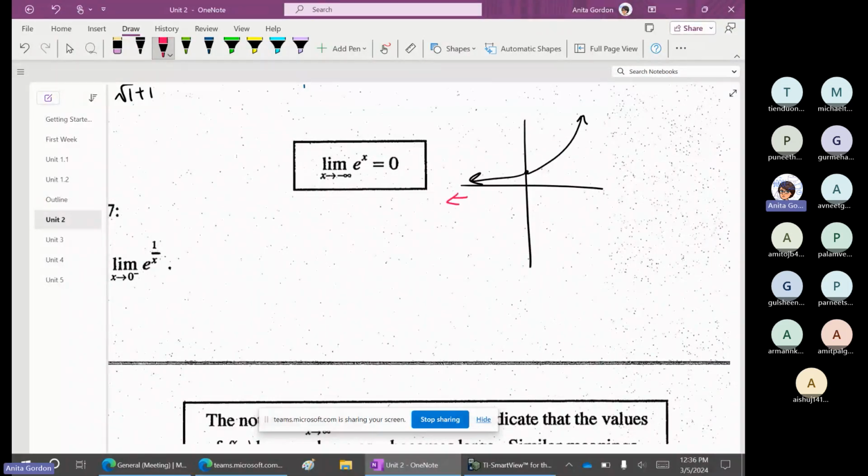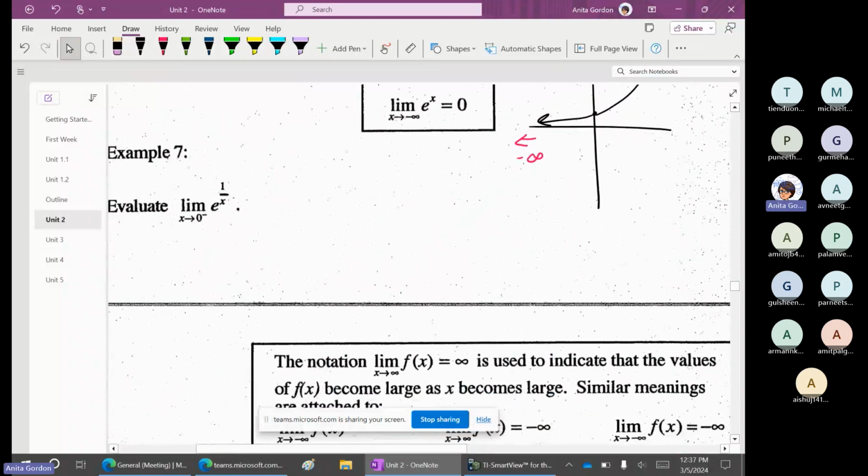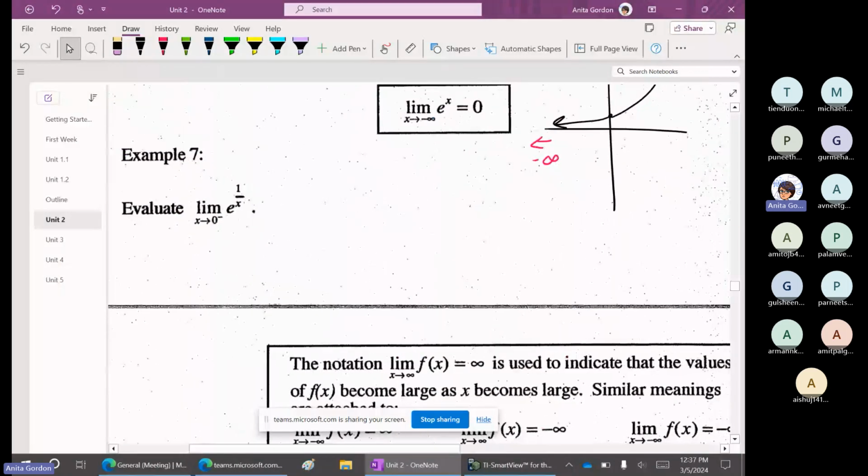So as x approaches negative infinity, the function approaches 0. So what happens, knowing this fact, when we have the limit as x approaches 0 from the left side of e to the 1 over x?